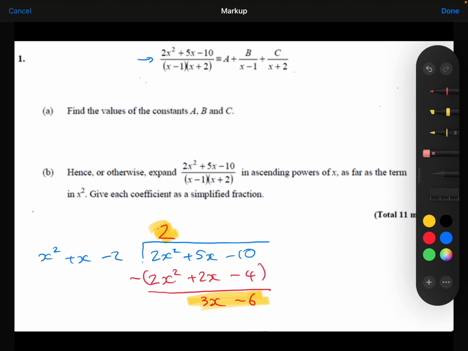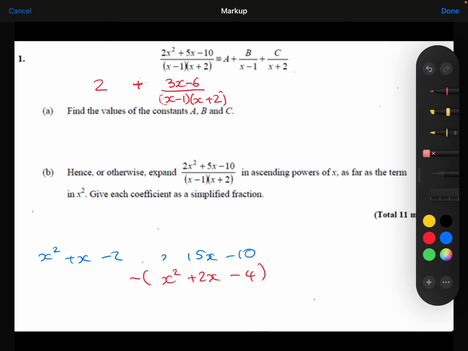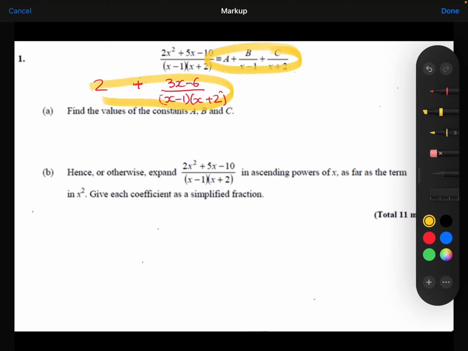So I can rewrite this fraction as 2, plus the remainder, 3x minus 6, which still has to be divided by (x − 1)(x + 2). Comparing this to the answer we wanted to show, hopefully you can see that a is clearly the 2.